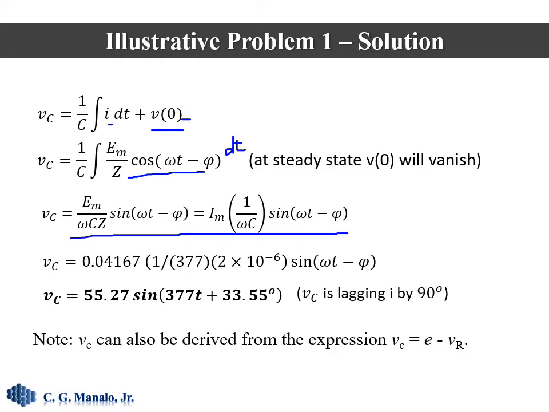Okay, so evaluating this integral will give us this result. And again, plugging in the values that we already got from the previous computation, that will give us this value for V sub C. And we notice that V sub C, with the presence of the sine function, we could conclude that V sub C is actually lagging the steady state current I by an amount of 90 degrees.